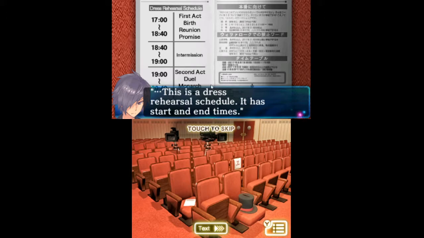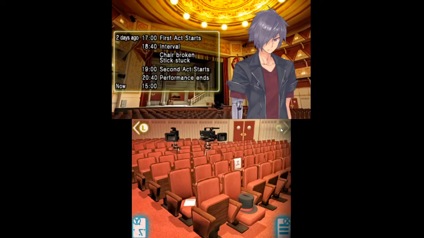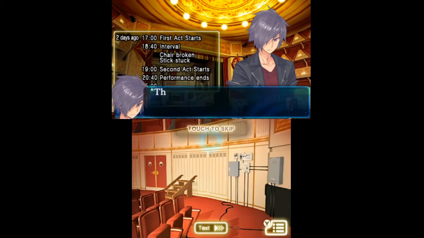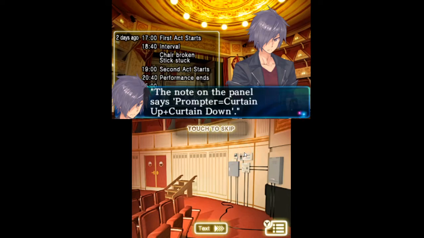This is a dress rehearsal schedule. It has start and end times. First birth reunion promise. Intermission, second act duel, monarch. Split up into two halves with an intermission in heaven in between. 我没有任何一点想法。再来。Prompter equals curtain up and curtain down.